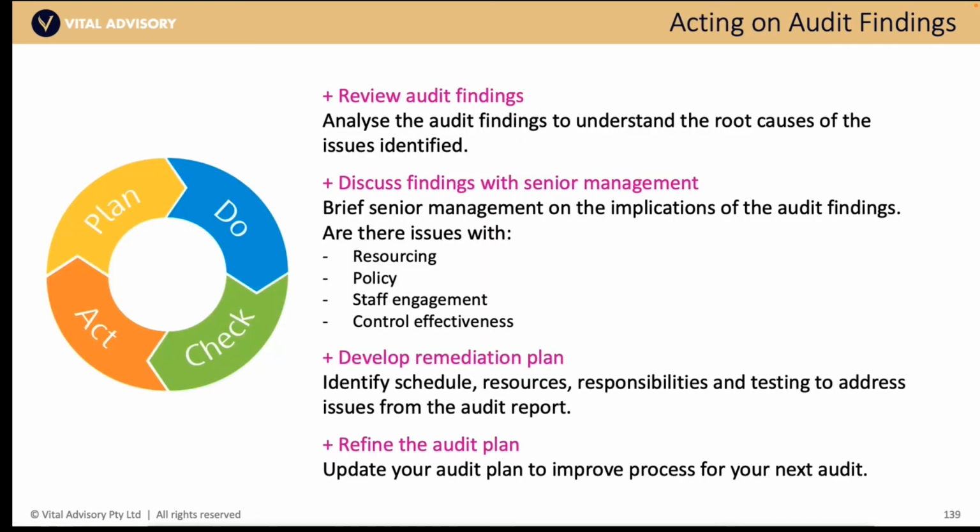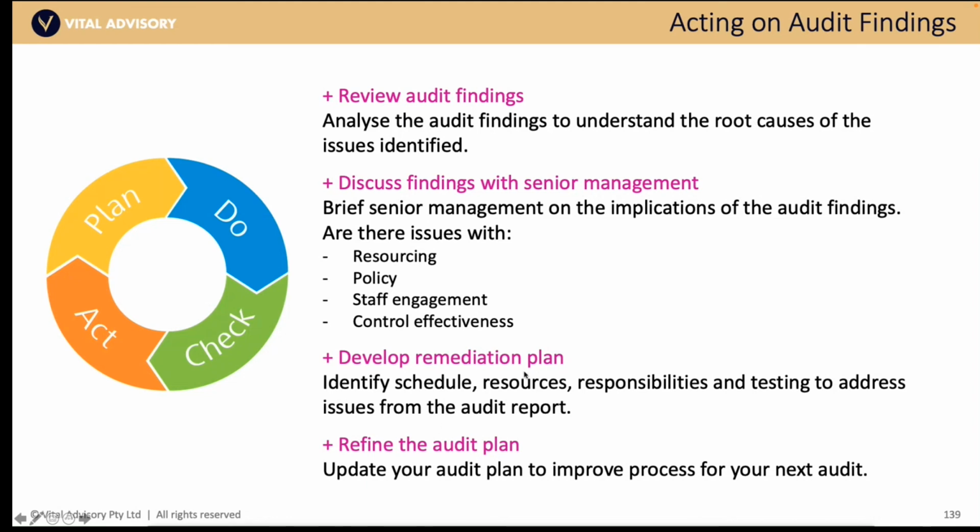The last part in the audit bit is just simply to act on the findings. I don't have much to add here other than what's written down. You should understand root cause. You should talk to senior leadership about what to do about things.